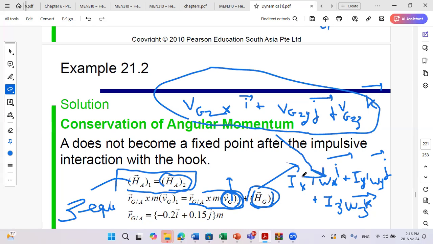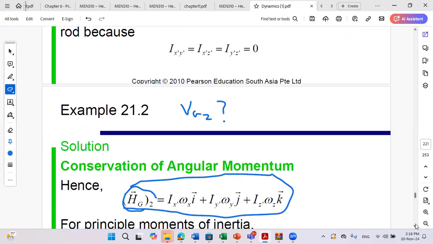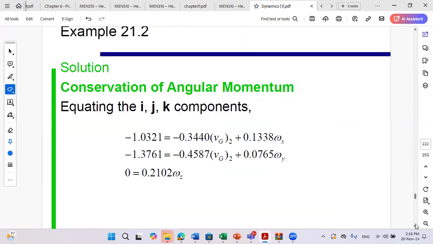And since you have now a rotation about a fixed point, you can relate the velocities of the fixed point, which is 0. So you can relate VA to VG by saying that for a rigid body, what is the general relation between any 2 points?